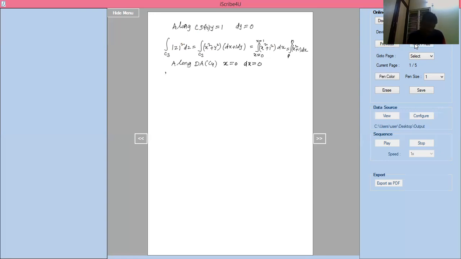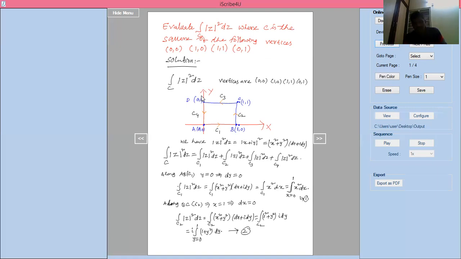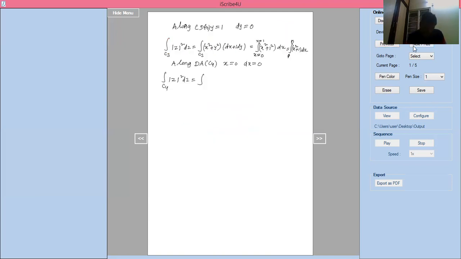Now, integration of C4 of modulus of z square into dz. Along C4, the dx value should be 0. Here for C4 I'll write x square plus y square into dx plus i dy.